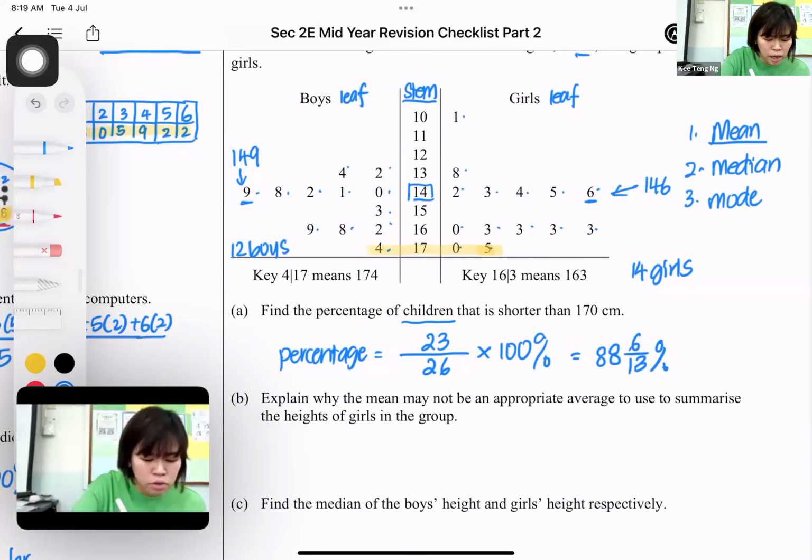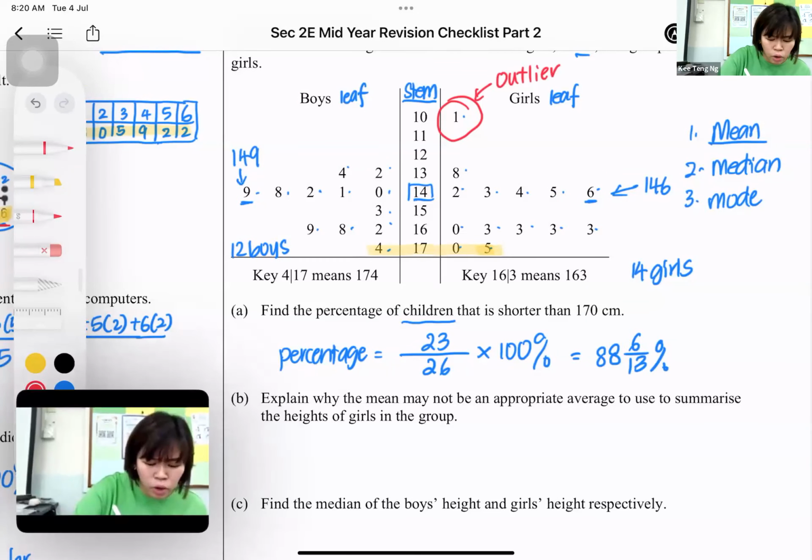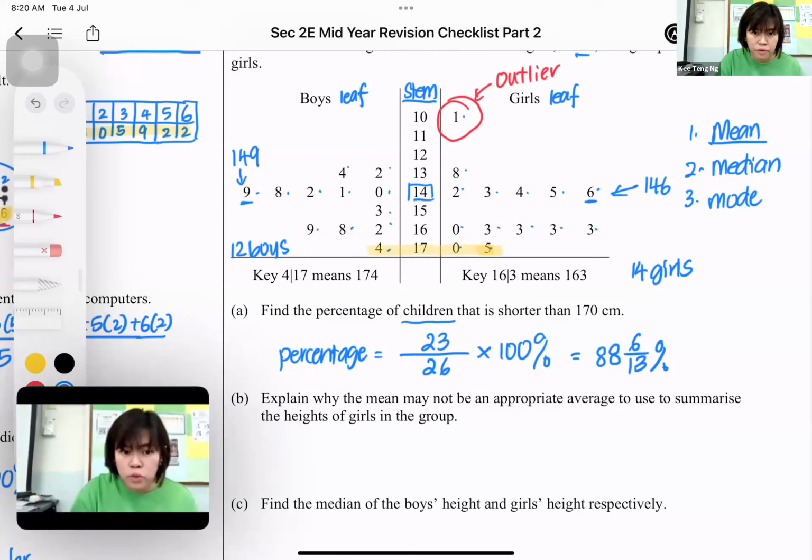Oh, well, you could notice that there is a, what is this value being called? Starts with O. So this one is actually an outlier. So it's an extreme value, or rather an outlier. Once we have an extreme value or an outlier, it can affect the average. In this case, it will greatly decrease the average of the whole height of the girls.